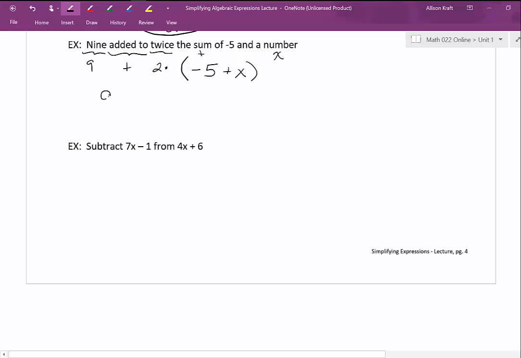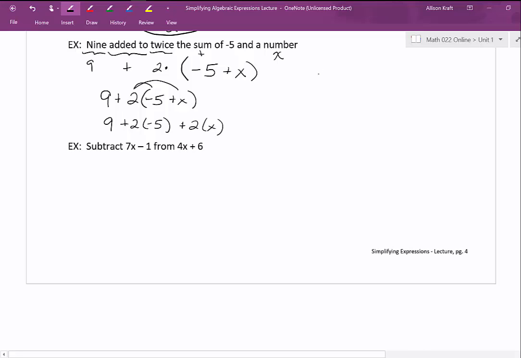I'm going to rewrite this 9 plus 2 parentheses -5 plus x. I see that distribution can happen here, so I'm going to distribute the 2. A positive 2 times a -5, and then a positive 2 times a positive x.